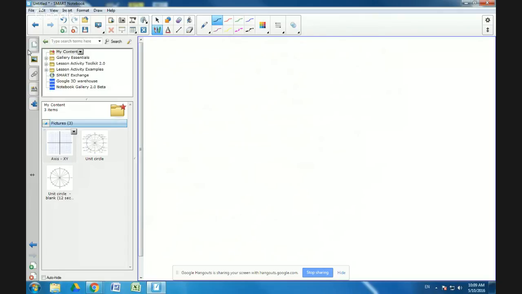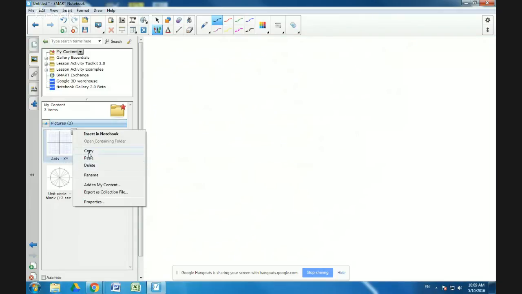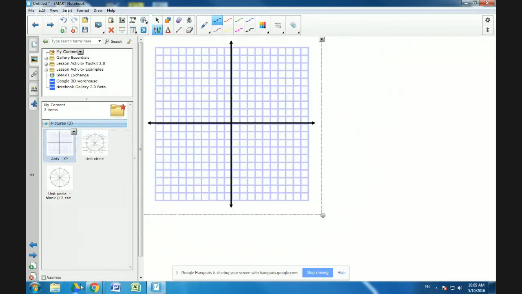So part B is asking to graph the cooling function. So we can see it's going to be an exponential decay.